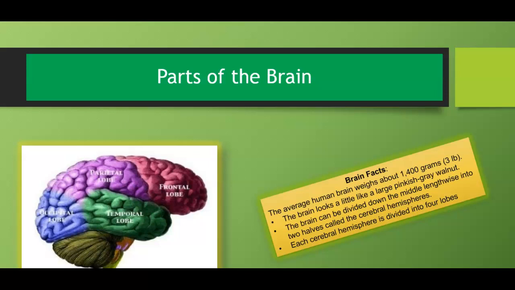The brain can be divided down the middle lengthwise into two halves called the cerebral hemispheres. Each cerebral hemisphere is divided into four lobes. So these are the four lobes of the brain.